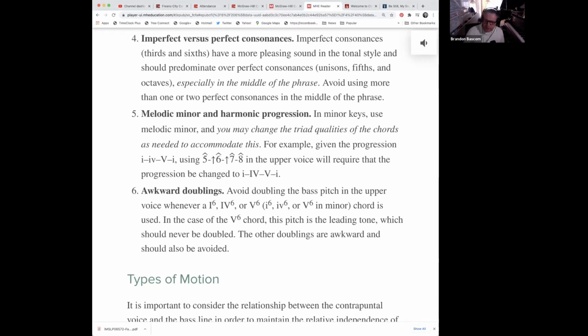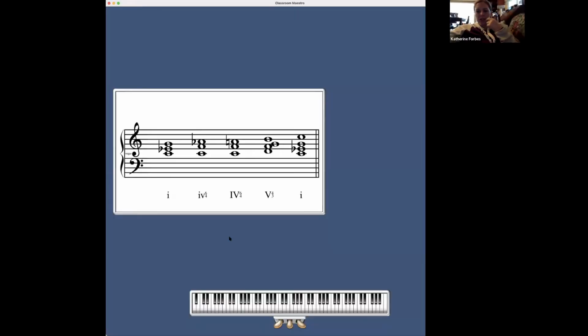Say that again. I thought they were talking about changing a 4 to a 6 instead of just making it major or minor. So because I raised scale degree 6 by naturaling it, that caused my Roman numeral to go from a minor 4 to a major 4.